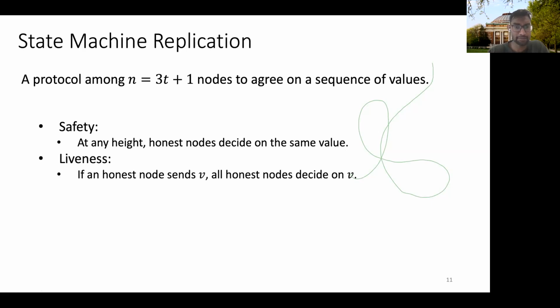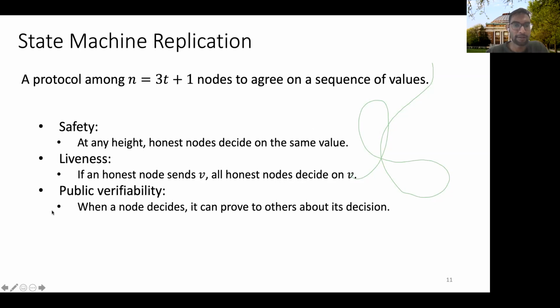We also want liveness: nodes send their input to the state machine replication protocol, and if I send an input to the SMR protocol, then it must eventually output this input. For example, in blockchain, if a client sends a transaction, that transaction should eventually appear somewhere in the blockchain.